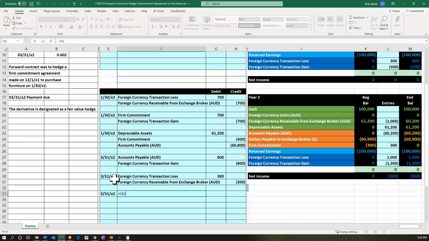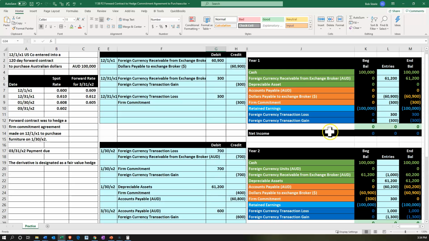So the dollar payable is going to go down. That liability is going to go down, and we're going to pay it with good old dollars. Nothing crazy going on here. Now, note that we're going to say that this 60,900 is the same 60,900 from the beginning, so that it's just this first transaction. We haven't done anything to it.